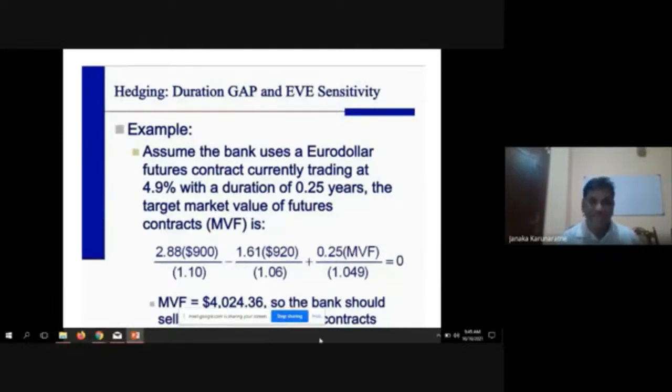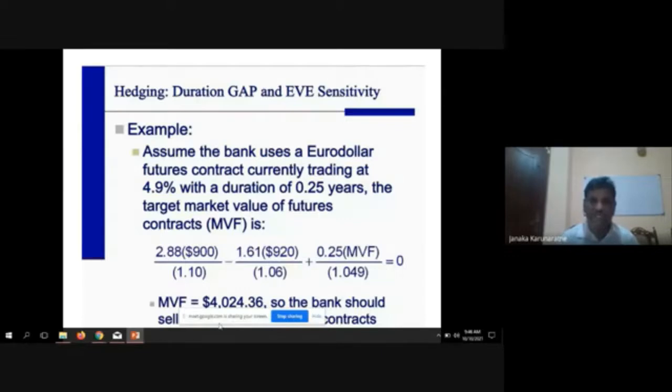Let's say you have Eurodollar futures having similar features, trading with a duration of 0.25 years at 4.9%, then you can plug in 0.25 divided by 1.049 and get the market value of the futures contract you need to hedge.